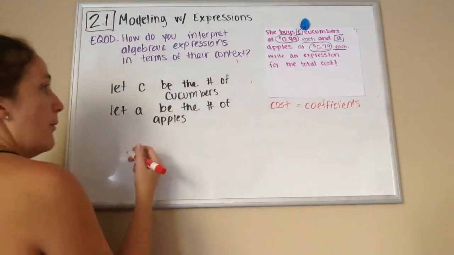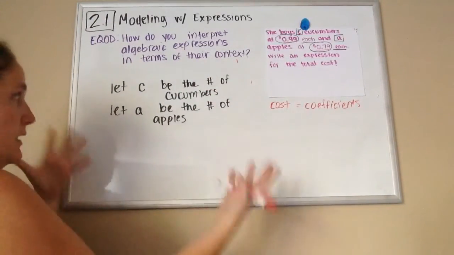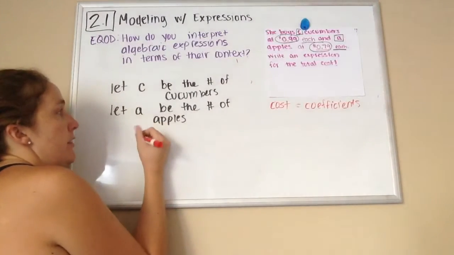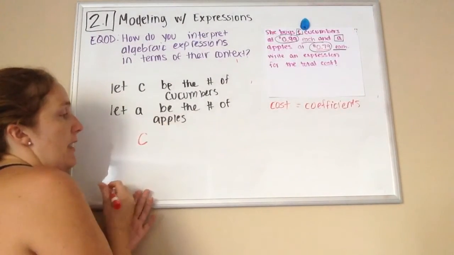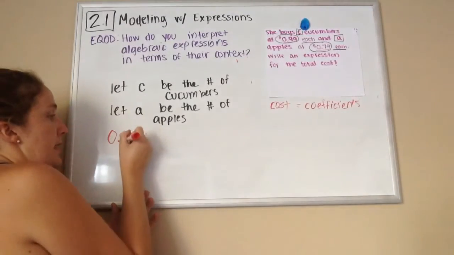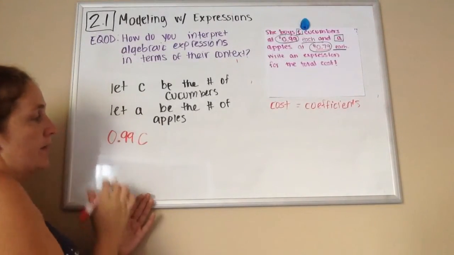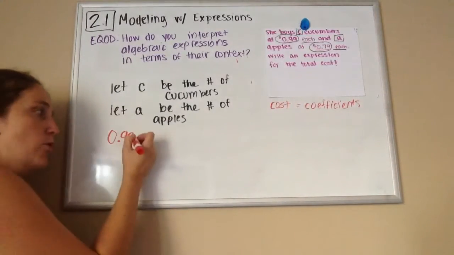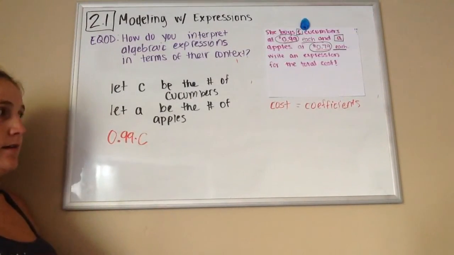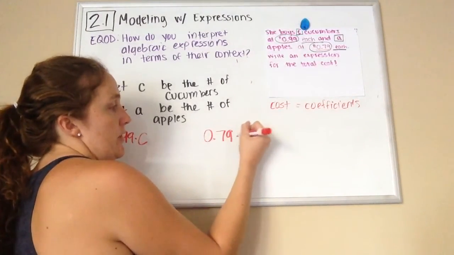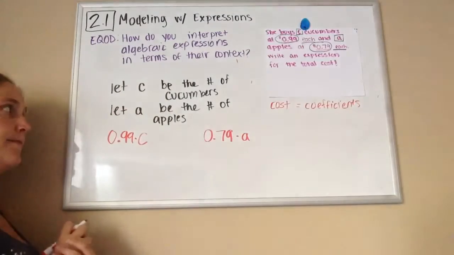So let's think about what our expression is if we buy C cucumbers and A apples. Well, every time we buy a cucumber, we are paying 99 cents for it. Okay? So 99 cents for the cucumbers. That's the cost of however many cucumbers we have. We're multiplying. All right, and we're paying 79 cents for each of the apples that we buy.